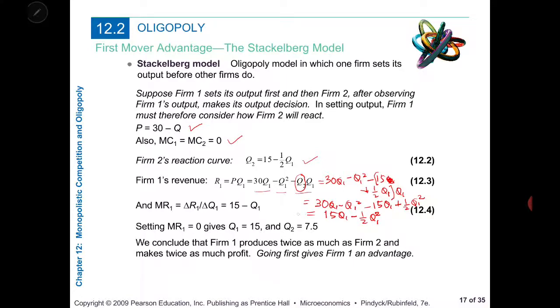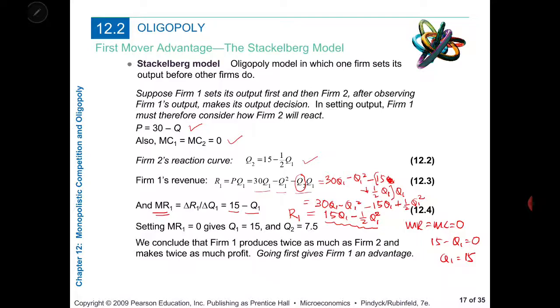Okay, so that is the R. And from the R1, you will find MR to be 15 minus Q1, yeah, from here. Okay, and setting MR equal to MC, so MR equals MC equals 0. So 15 minus Q1 equals 0. Q1 will be 15.